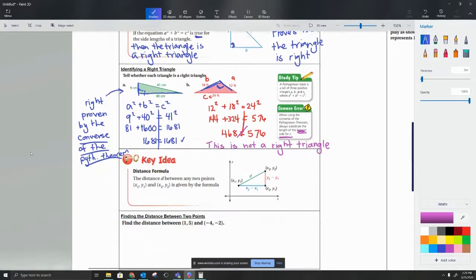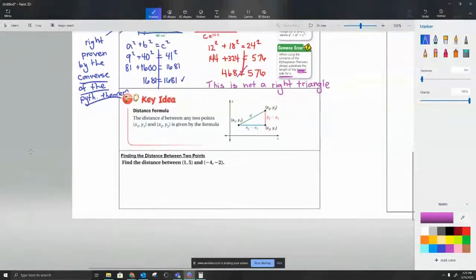Okay, so moving on, distance formula. So the distance formula D between any 2 points, x1, y1, and x2, y2, is given by this formula. This is actually derived from the Pythagorean theorem. D equals distance. This is what it looks like.